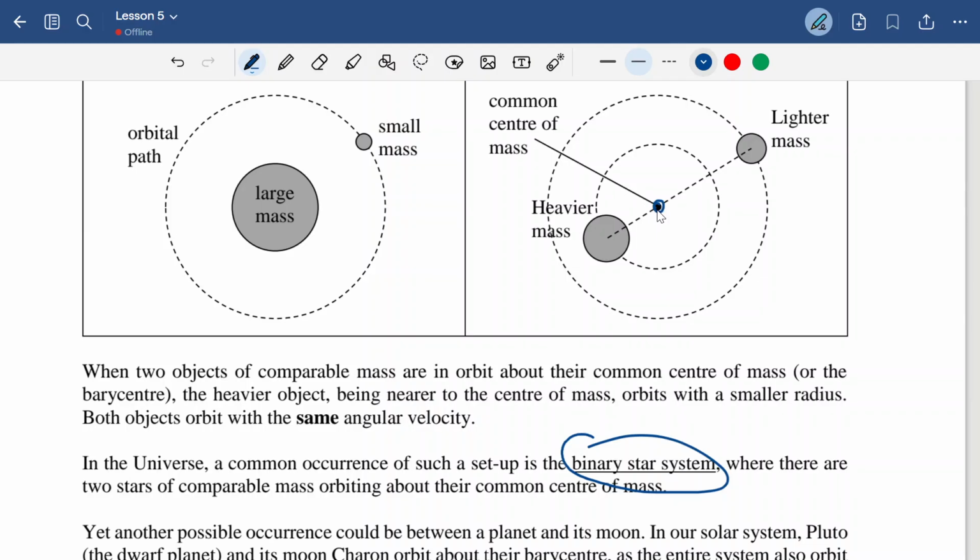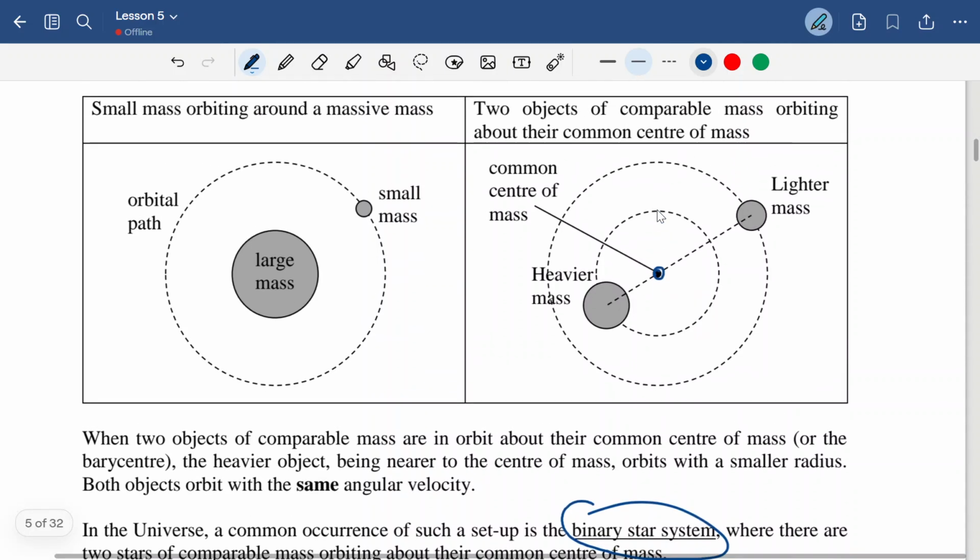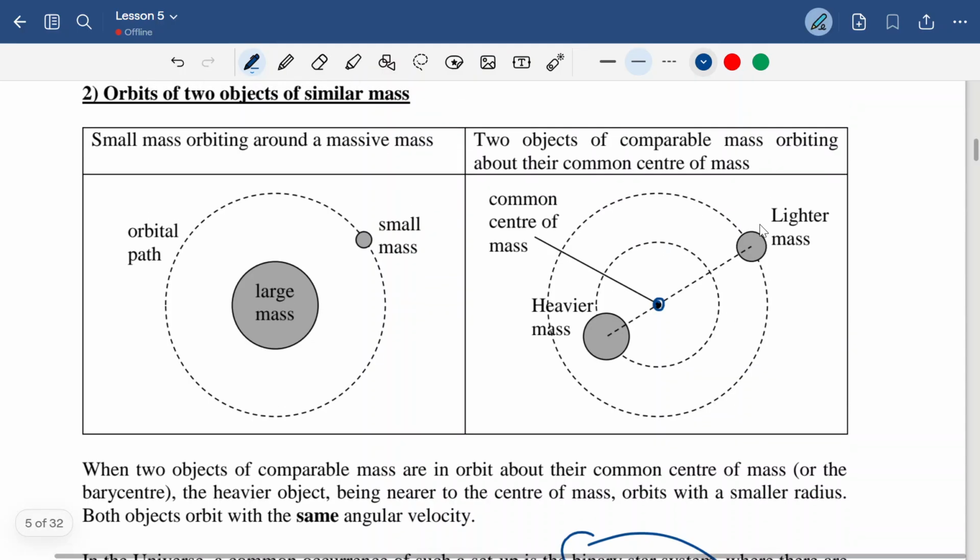Now, center of mass, we talked about it a little bit during the last lesson on mechanics of rigid bodies. Again, we use center of mass for the universe because there's no uniform gravitational field here, so we are not going to talk about center of gravity. Center of mass is similar to center of gravity if there's a uniform gravitational field.